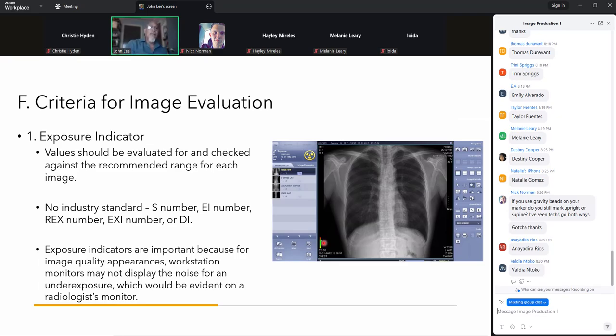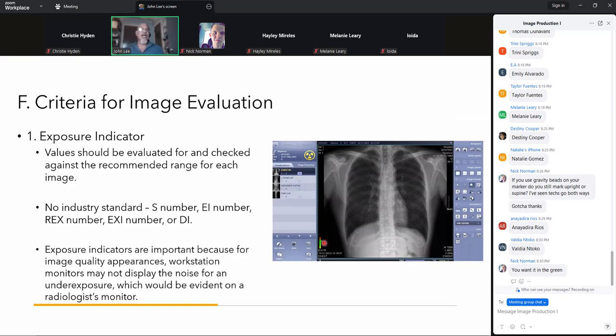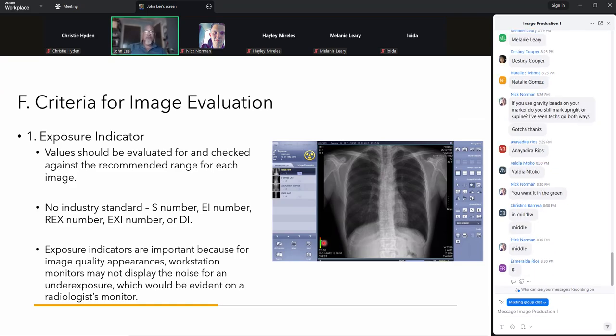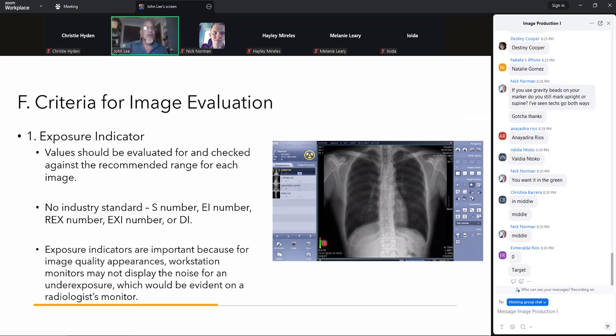Yellow is low. Where should our exposure be in that green range? Yes, we want it in the green, but where in the green? So target.